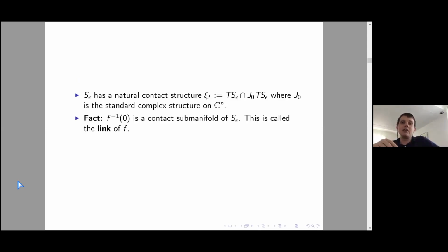And there's a fact that if I look at F inverse of 0 intersected with S epsilon, then it's a contact submanifold of S epsilon. And this is called the link of F.